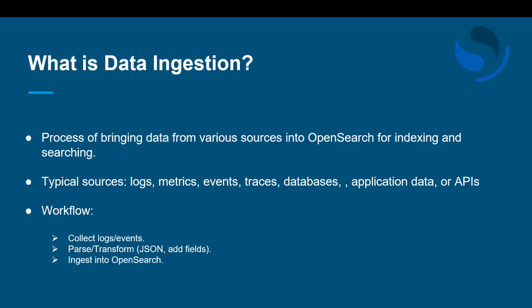That is what logs and metrics are. Events and traces are the records of things that happen within the application. For example, an event could be a user clicking a button. That is an event. And a trace could be a detailed path of a request as it moves from one part to another. That is what a trace is.